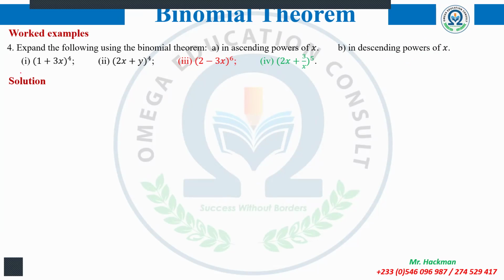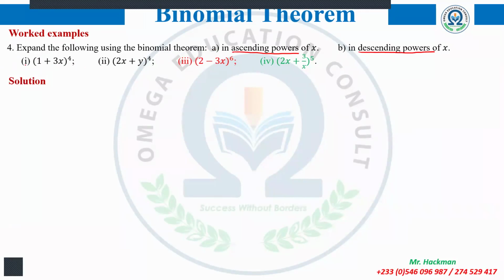As usual, when you read a question, underline the salient parts, if any. The first one, A, is ascending powers. B, we underline descending powers. So we have about four to do. I will handle it this way: I will take I, then do it for A and B. Somebody can take A, then do it for I up to IV, then B, do it for I up to IV.